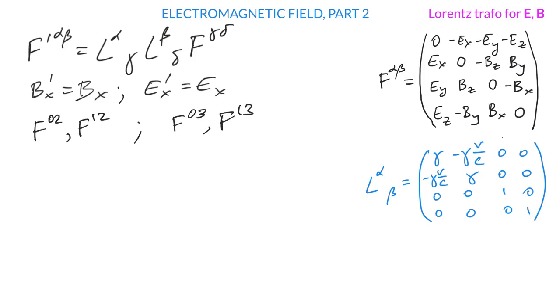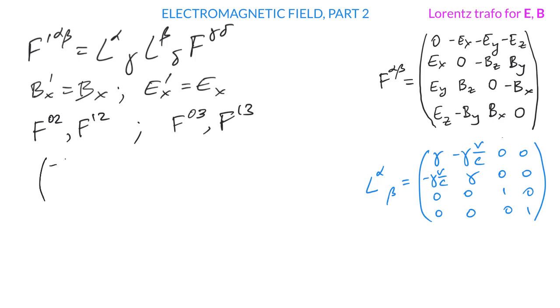So if we simply apply the transformation matrix L alpha beta, or rather its upper left block, this 2 by 2 block there, to F02 and F12, we'll find the F prime 02 and F prime 12. Now F02 is the electric field component Ey, and F12 is the Bz component. So these two transform through each other in the following way.